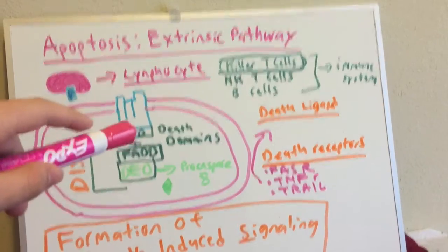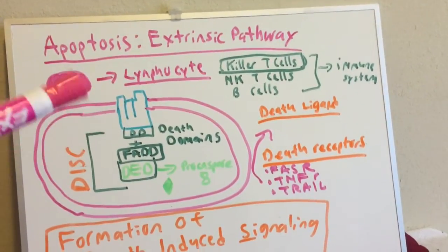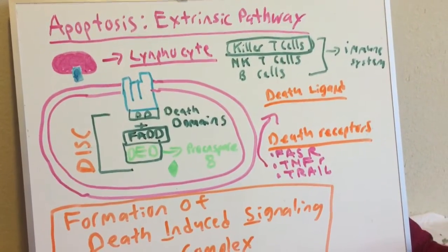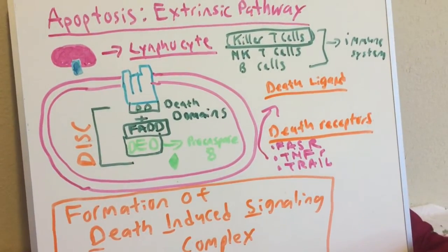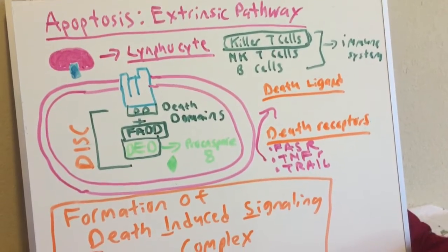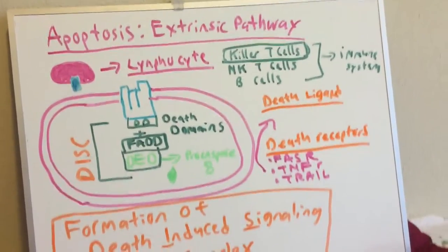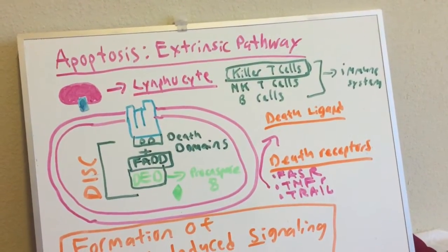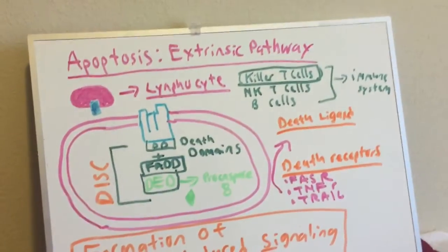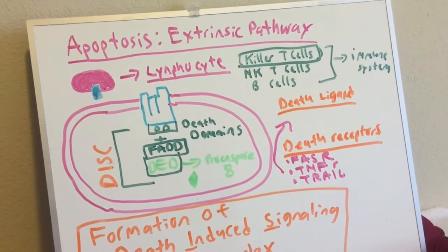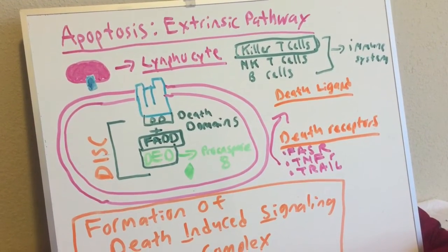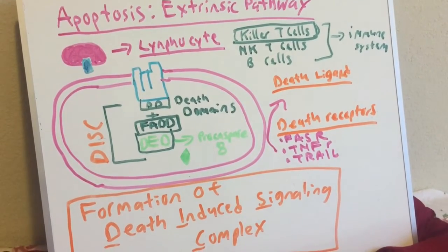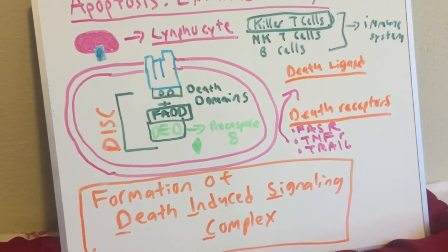Once it binds in there, you can see this receptor, which I drew weirdly. It's supposed to be a trimerization of this receptor, which involves the activation and recruitment of FADD, or FAS associating death domain, and caspases. This pathway has its own caspase that gets recruited, which is different from the intrinsic pathway. So this entire pathway deals with recruiting these death domains, and the main point is the formation of DISC.